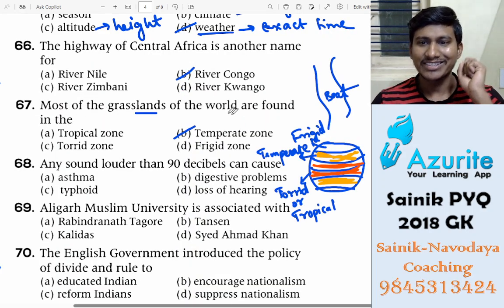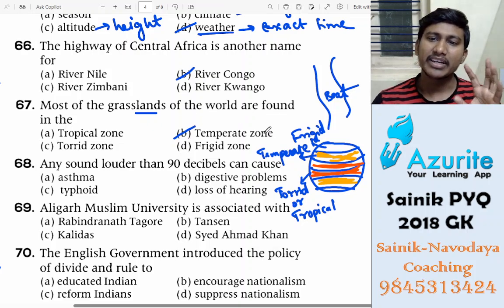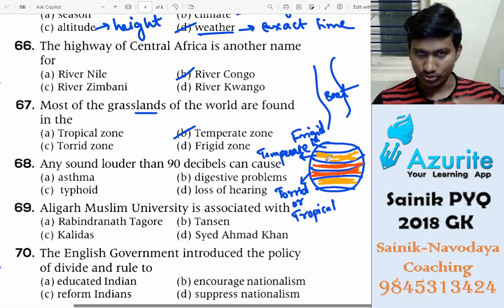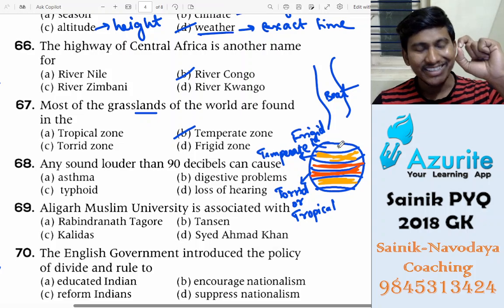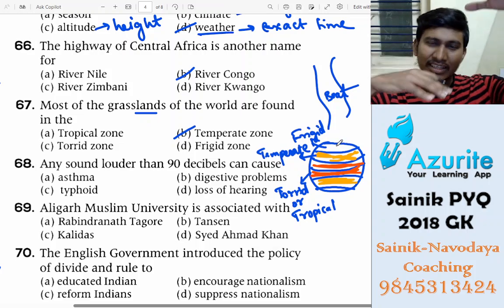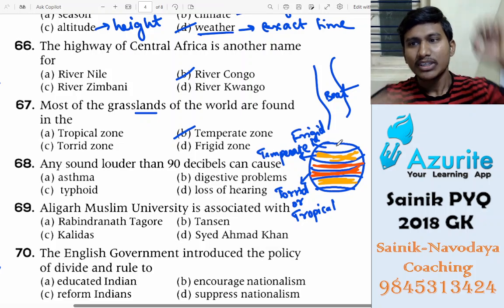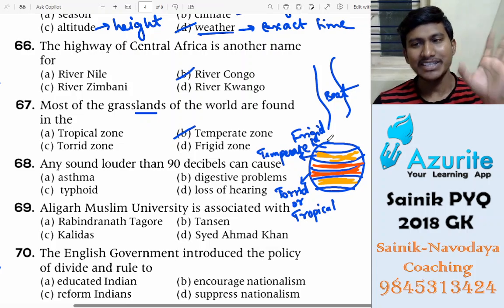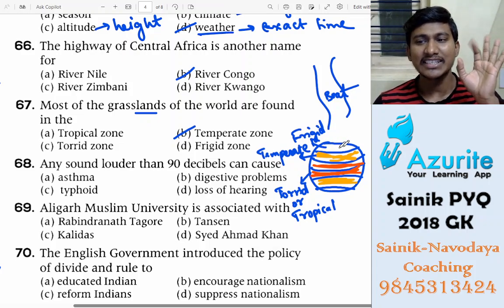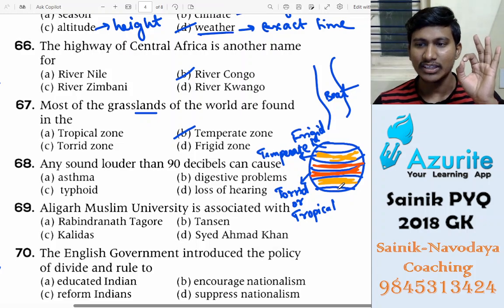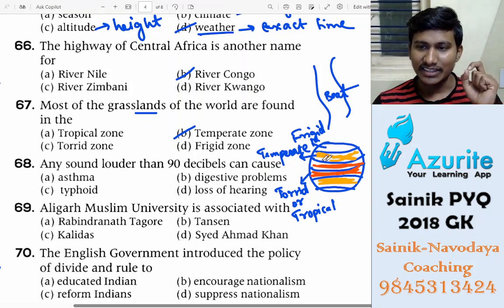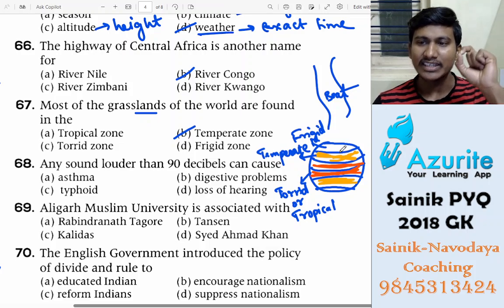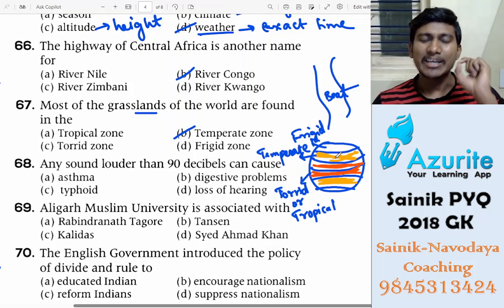Most grasslands of the world are found in the temperate zone. Temperate is in the middle. So there are 3 zones. You may have seen Antarctica and the Arctic, on the South Pole and North Pole, which are all frozen, that is ice. So that is why we call it the frozen zone, the white part here. At the bottom part, in between, the yellowish part is temperate.